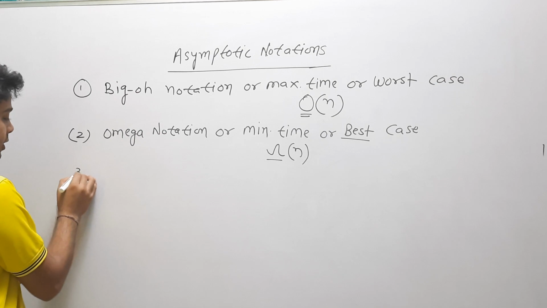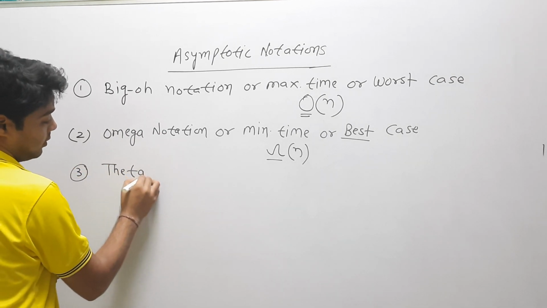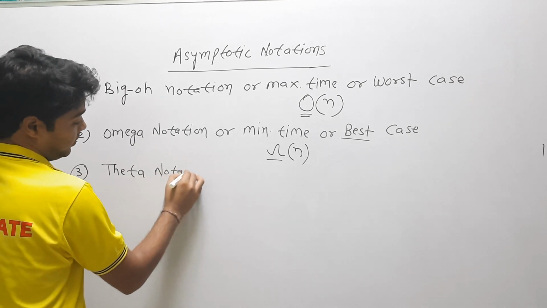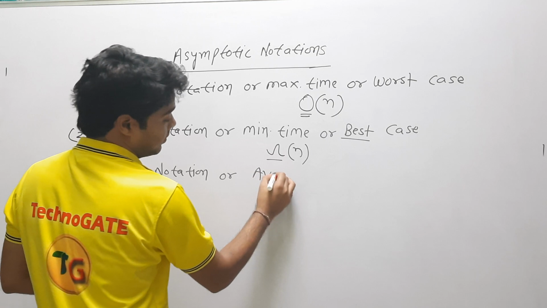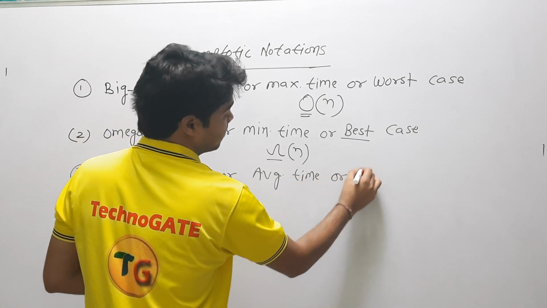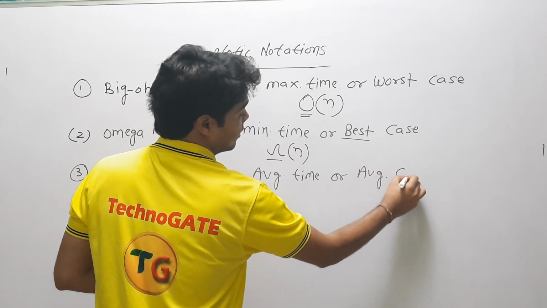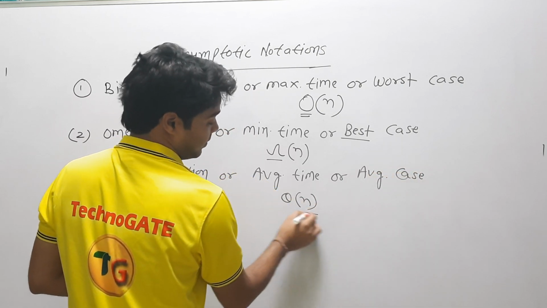Third one is theta notation, or average time, or average case, and denoted by theta of n here.